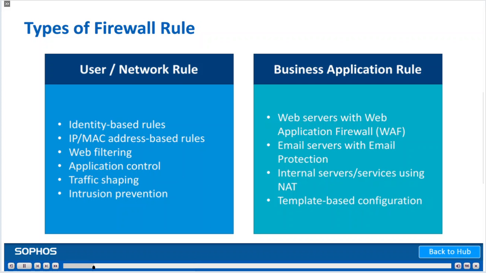Business application rules are used to publish and protect internal or publicly hosted business applications and servers, such as SharePoint or email servers. To make protecting common business resources as simple as possible, Sophos XG Firewall comes with a number of pre-configured templates.